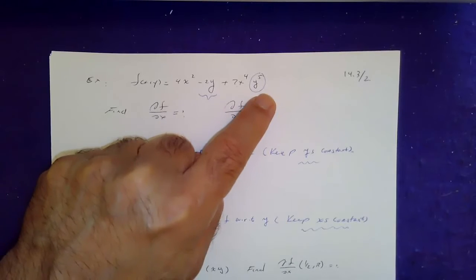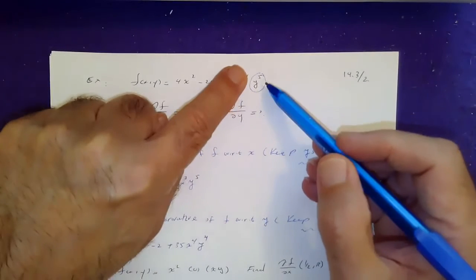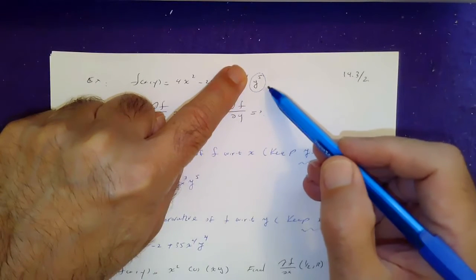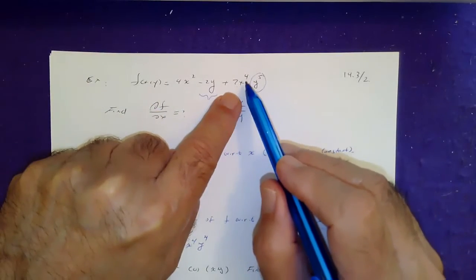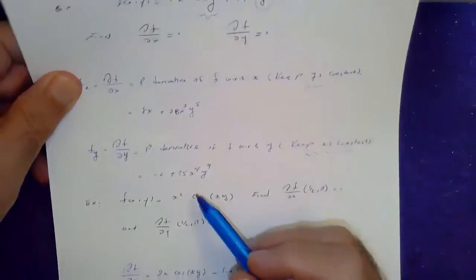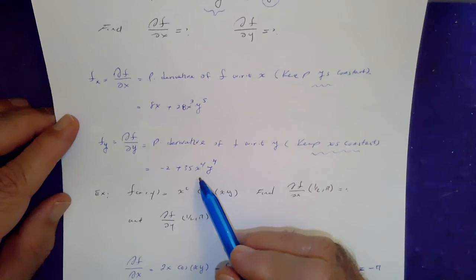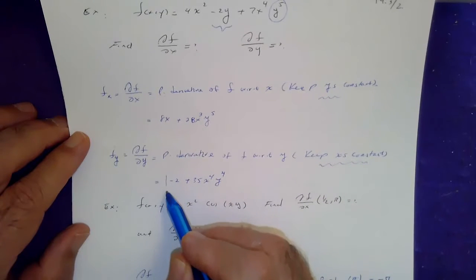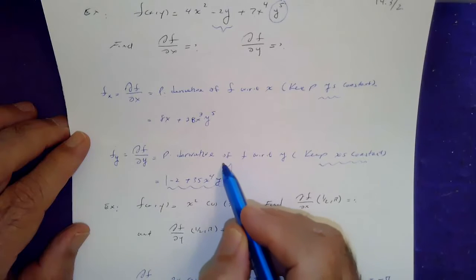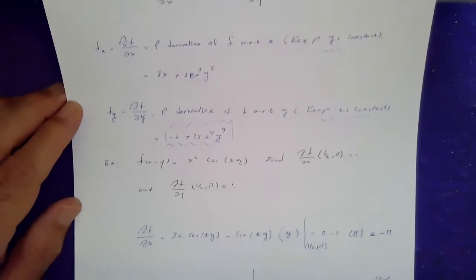But for the last term, the derivative of y to the 5th is 5y to the 4, and 7x to the 4 goes along, and you get 35x to the 4, y to the 4. And this is the partial derivative of f with respect to y.